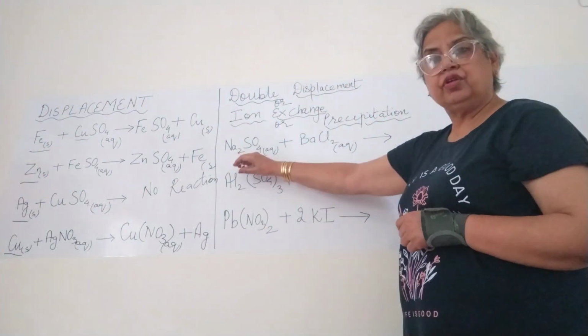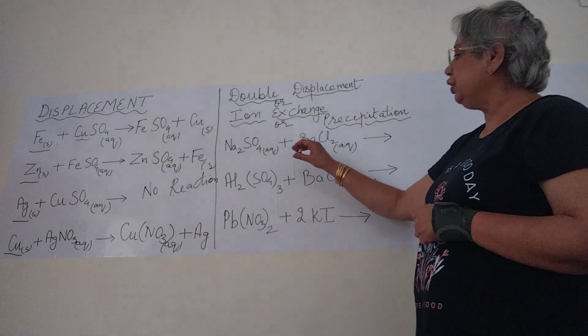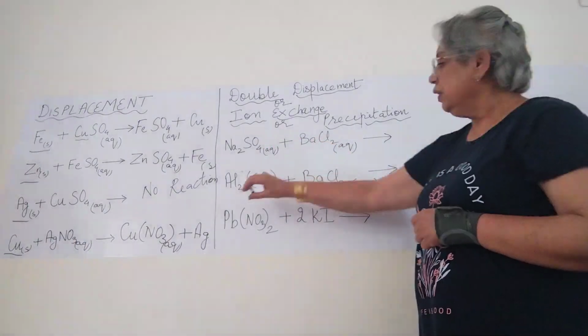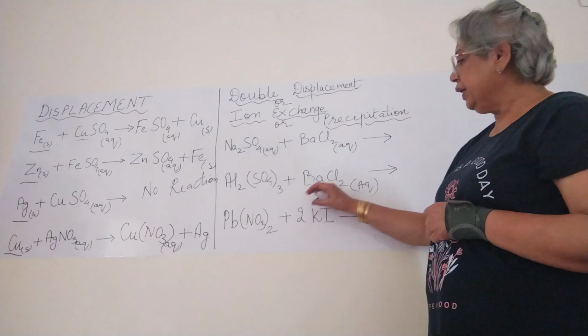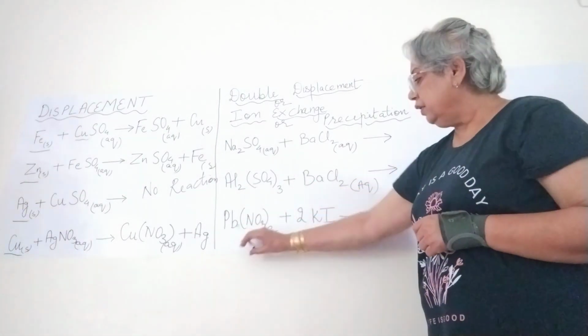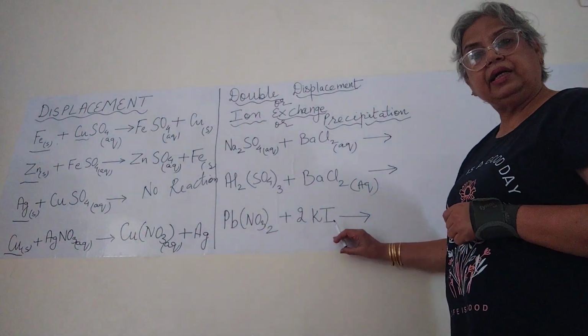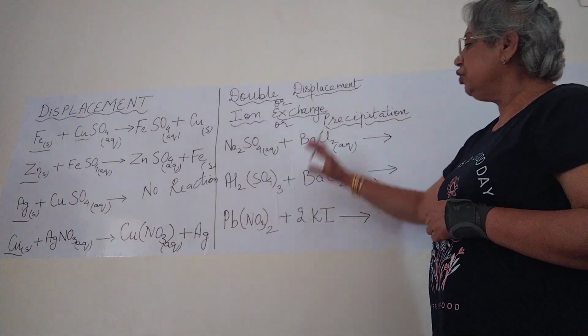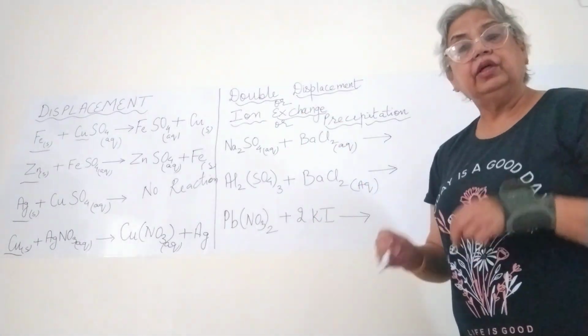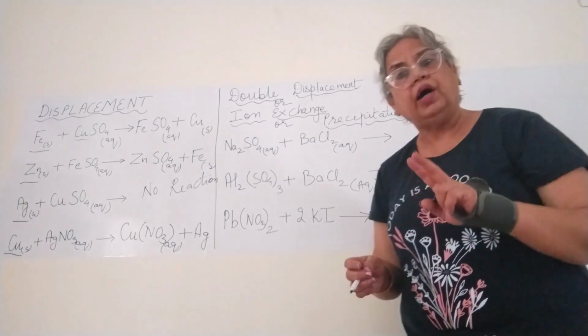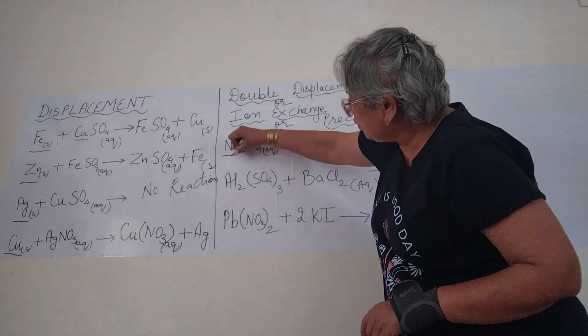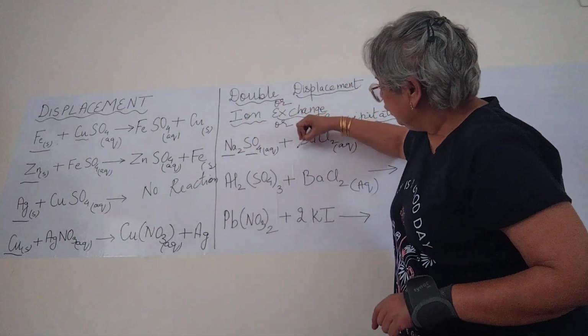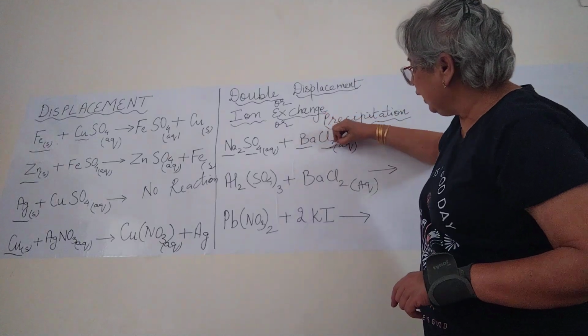Now children, as you see, sodium sulfate aqueous solution, barium chloride aqueous, aluminium sulfate aqueous, barium chloride aqueous, lead nitrate aqueous, potassium iodide aqueous. So these are the solutions of ionic compounds. So they are composed of two ions, positive, negative, positive, negative.